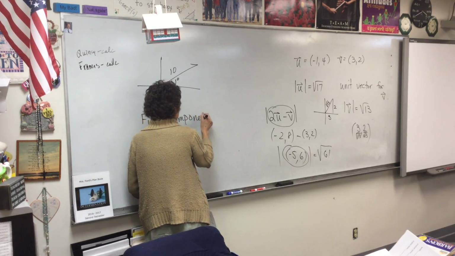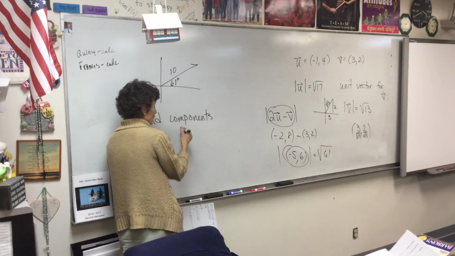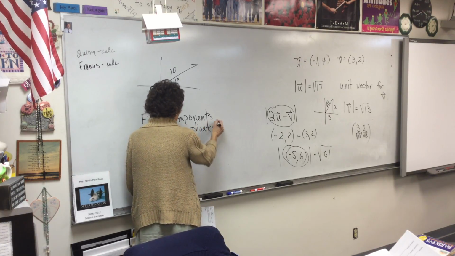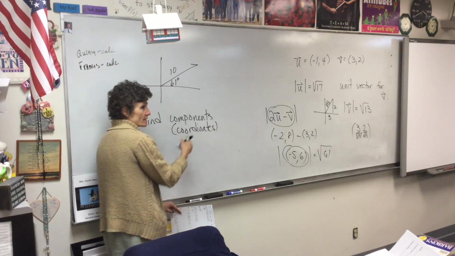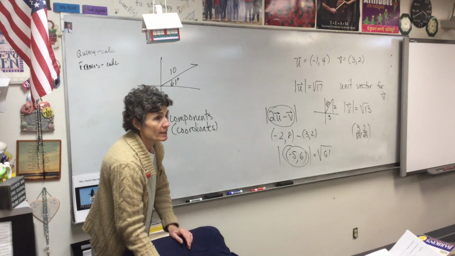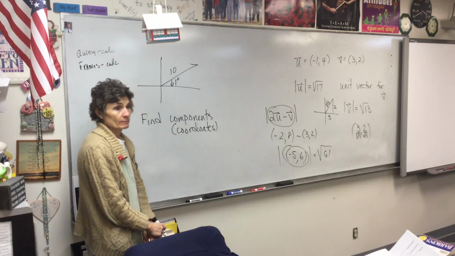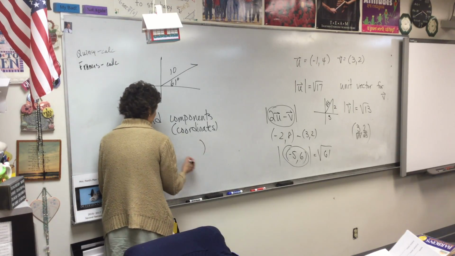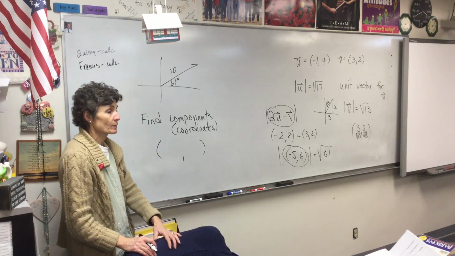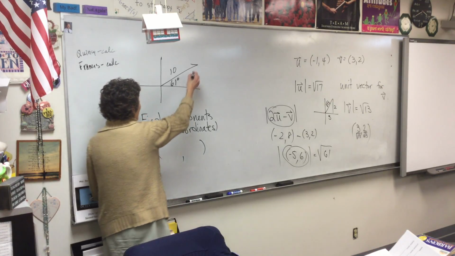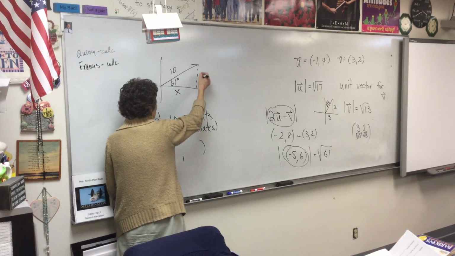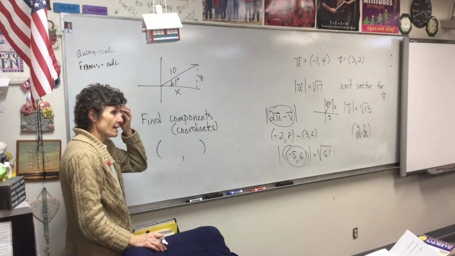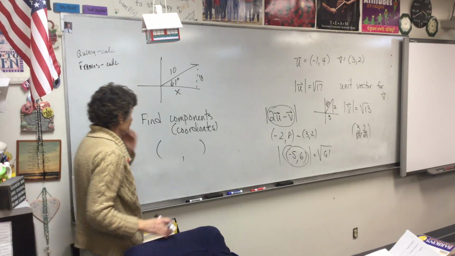And by components, remember another word for that is coordinates. C-O, C-O: coordinates, components. What are we talking about? X and Y. We want X and Y, and we can find X and Y by using sine and cosine.